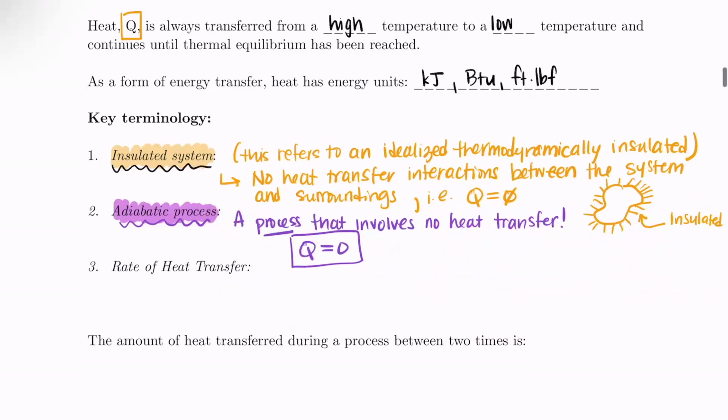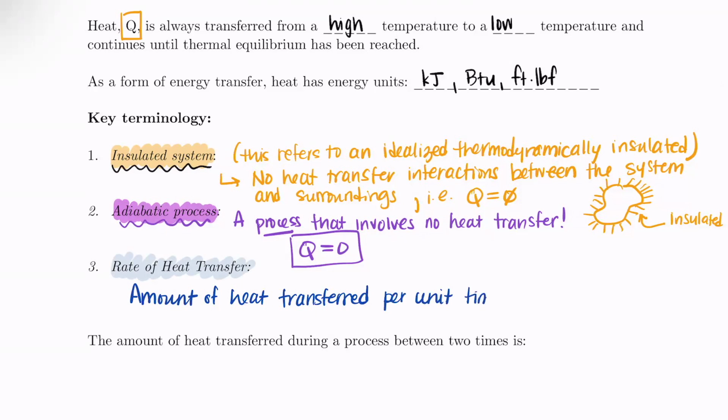We also are going to use the rate of heat transfer. So our rate of heat transfer is the amount of heat transferred per unit time. We give this the symbol Q dot. All right, so the dot over a variable always refers to a time rate of change.